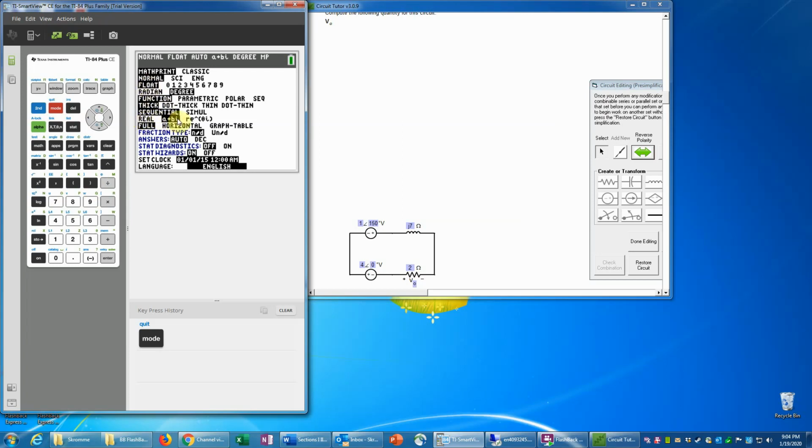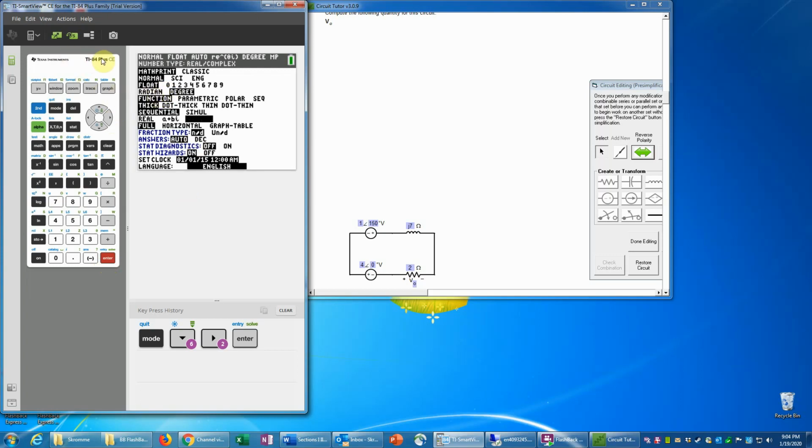So I've already actually put it in the rectangular mode, but for this problem, I think I want to have it in the polar mode, so I'm going to go down there. And this really just affects the way things are displayed. We can enter things in either mode. So we're going to do that, and then press enter to set that.